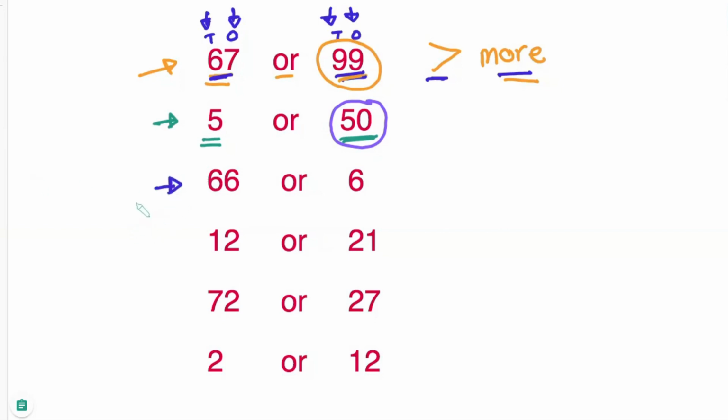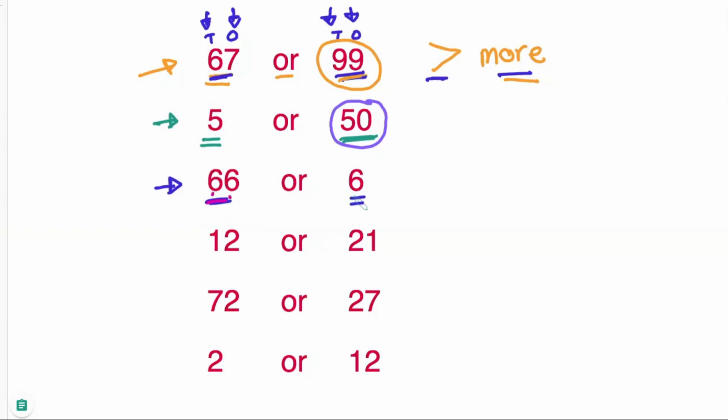Let's move to the next one. Which one is larger, 66 or 6? Which number is larger? What do you think? Again, this is quite an easy one because we can identify it by the number of digits in each number. In 66, how many digits do we have? That's correct, we have 1, 2 digits.